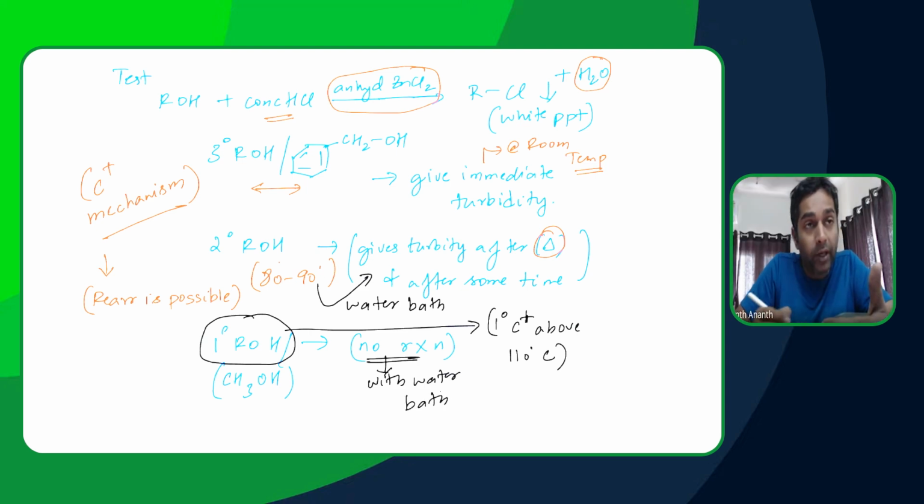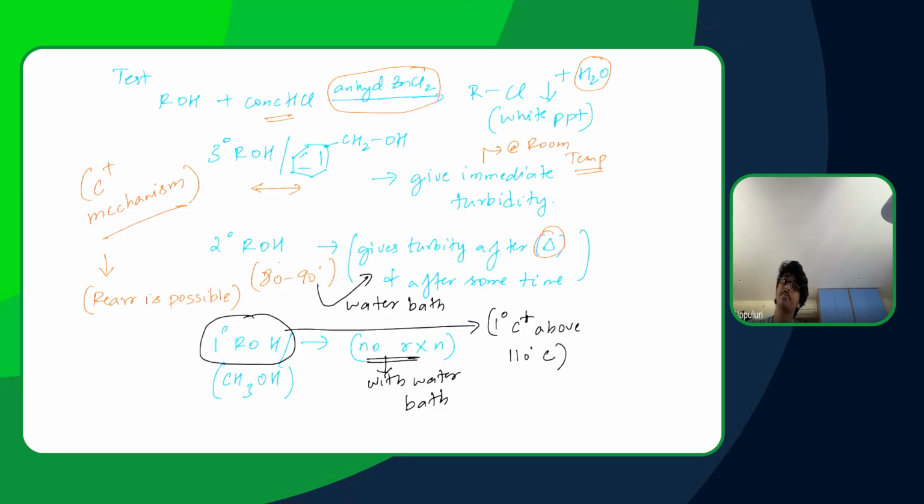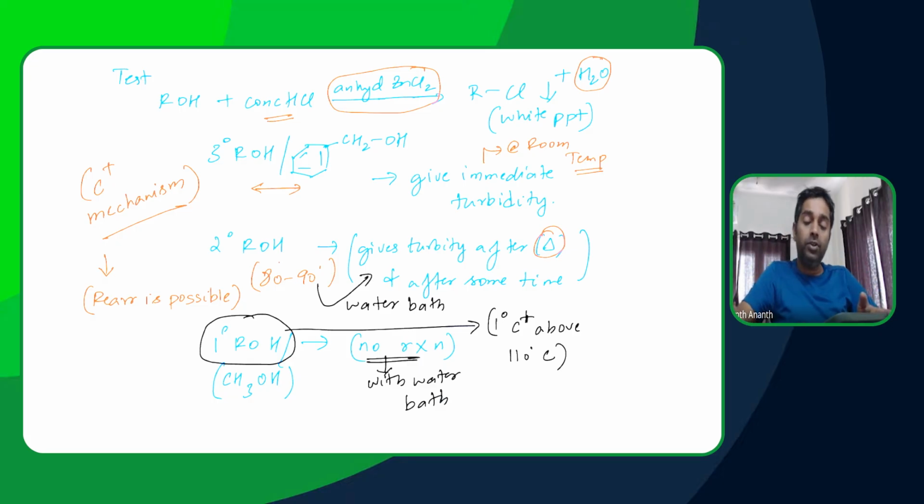But if you use an oil bath, you'll have a reaction. You understand what is happening there? If you somehow push the temperature above 110 degrees Celsius with an oil bath, then you will have a chance of primary alcohol also giving you a white precipitate. It will take a long time, but there is a possibility of it happening.